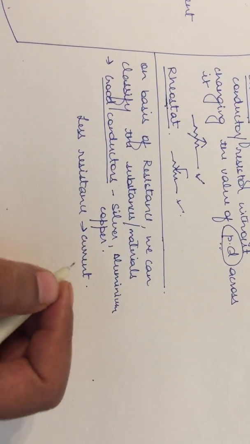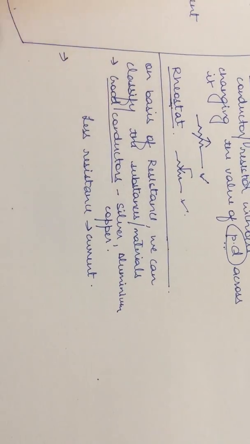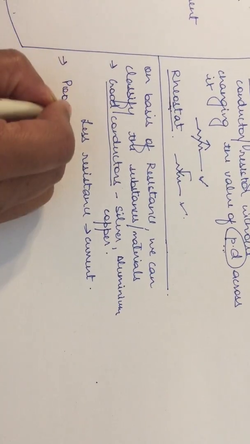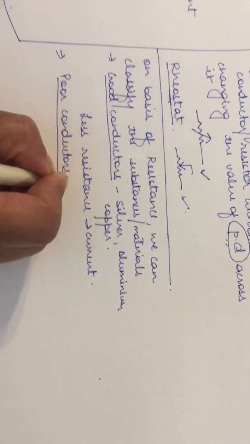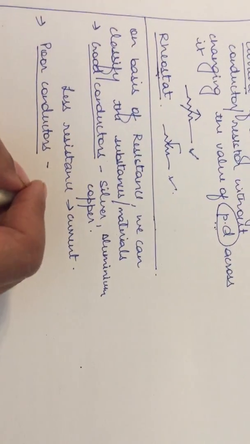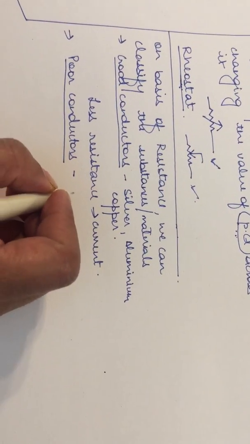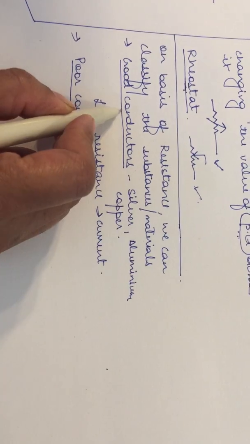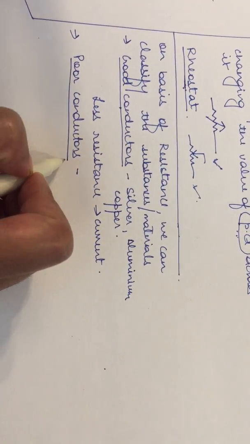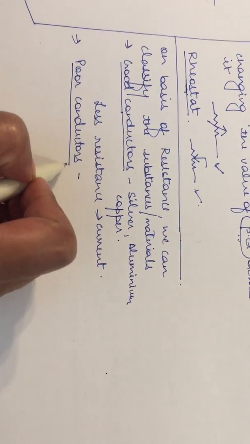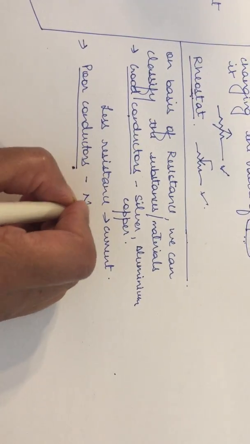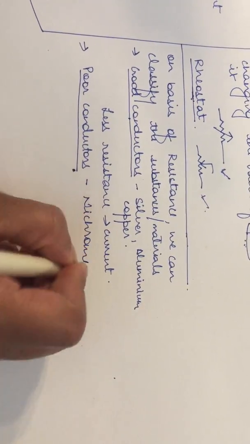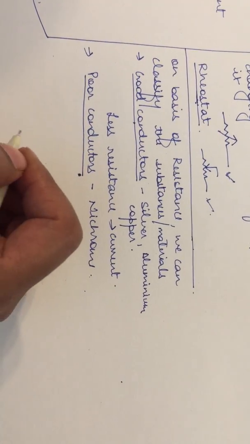The second one is poor conductors. Poor conductors are those which offer considerable resistance. That means as compared to good conductors, they offer much higher resistance. Examples of poor conductors are nichrome, which are actually alloys.